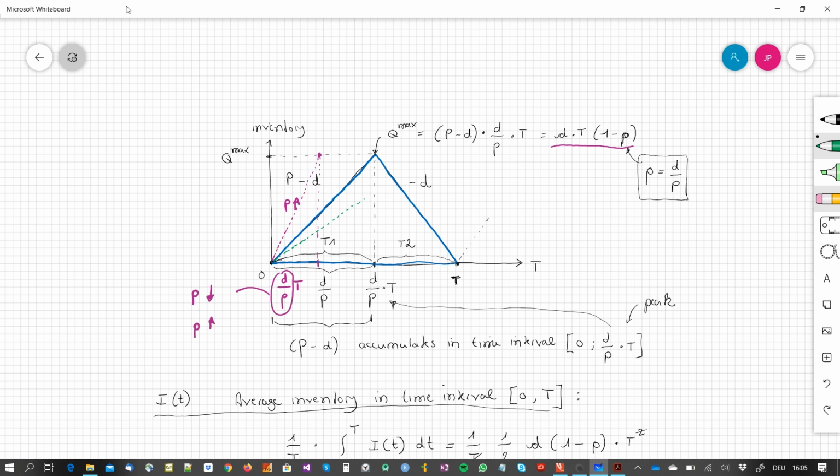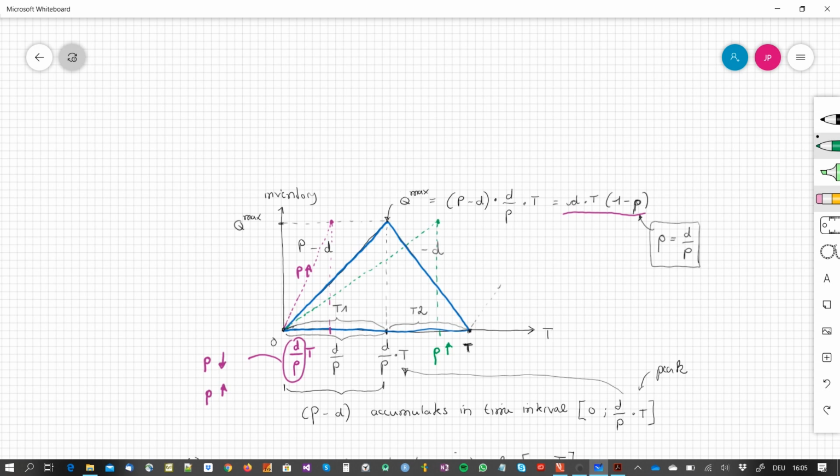So we are slower building up our inventory. Then we see that rho increases in total, and that inventory accumulates slower when our rho is increasing.